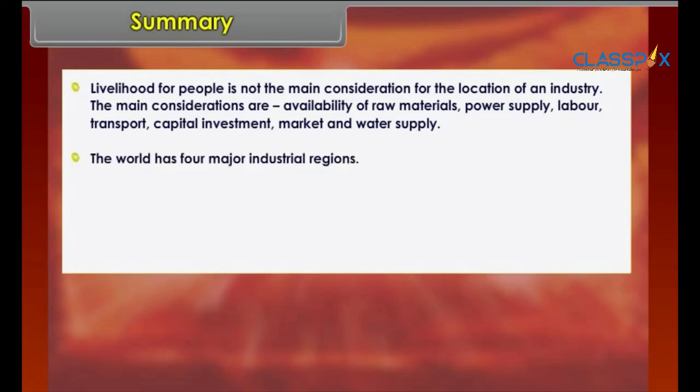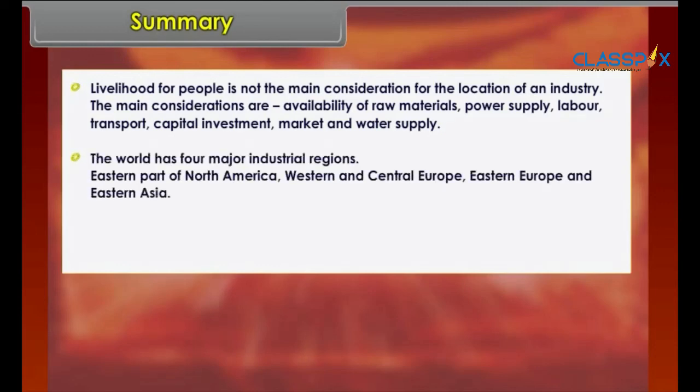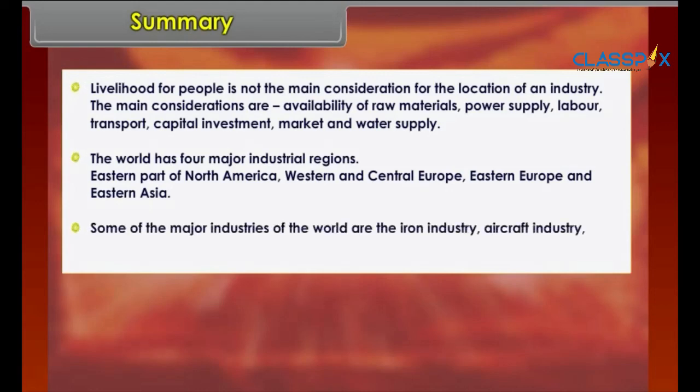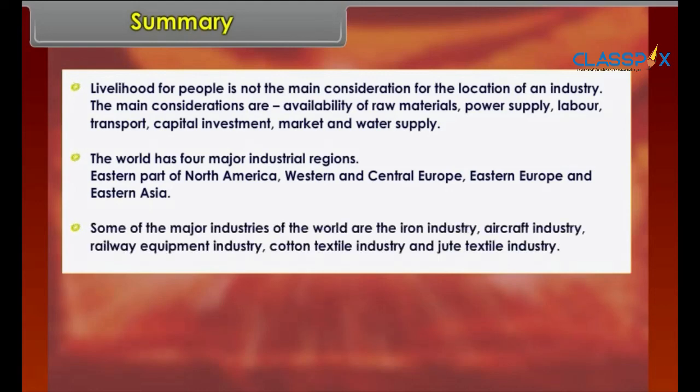The world has 4 major industrial regions: eastern part of North America, Western and Central Europe, Eastern Europe and Eastern Asia. Some of the major industries of the world are the iron industry, aircraft industry, railway equipment industry, cotton textile industry and jute textile industry.